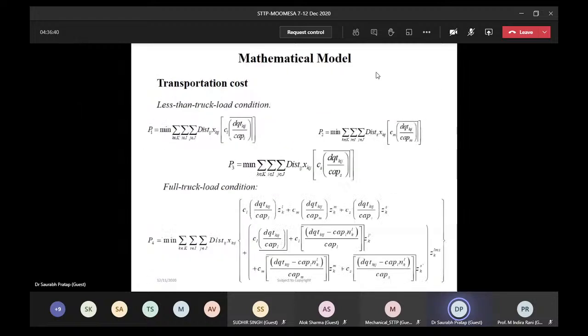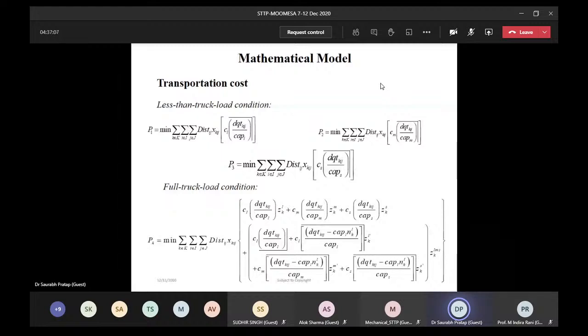Now on the basis of these decision variables, I have formulated how to calculate the transportation cost. There are two possibilities. Now you can understand the practical scenario. Let us assume we are the owner of a logistics service provider company.